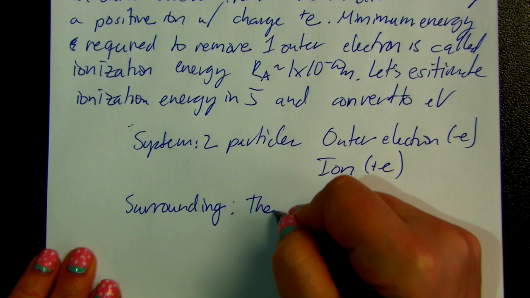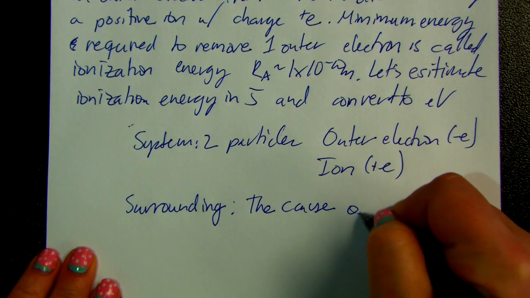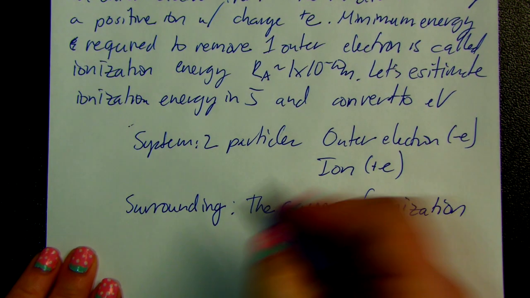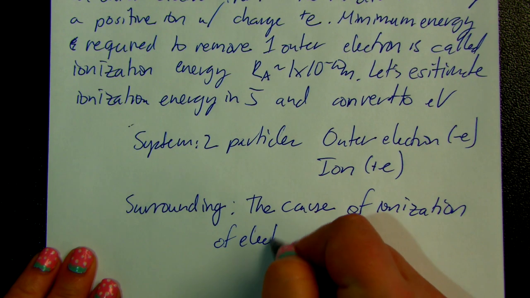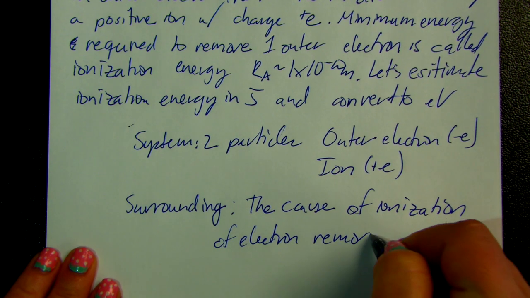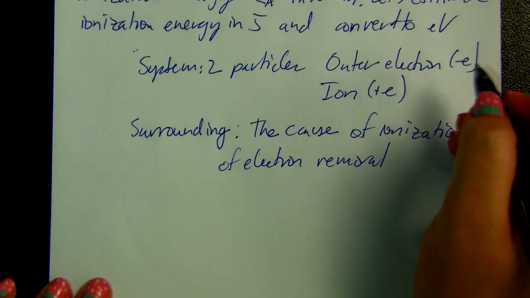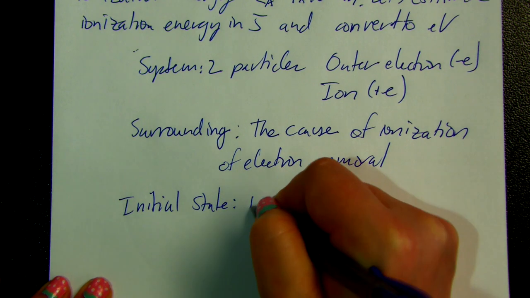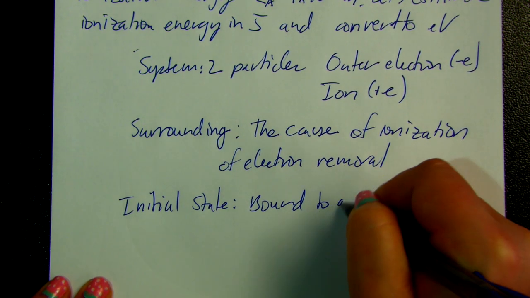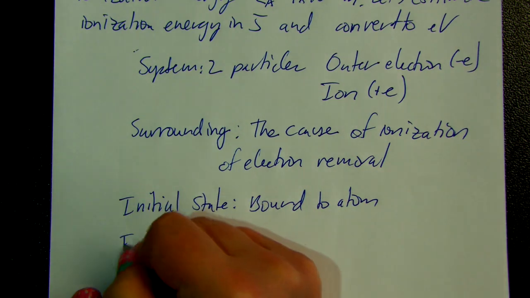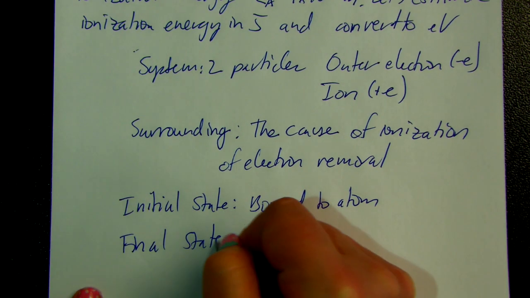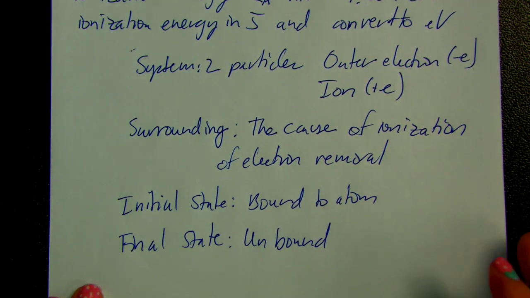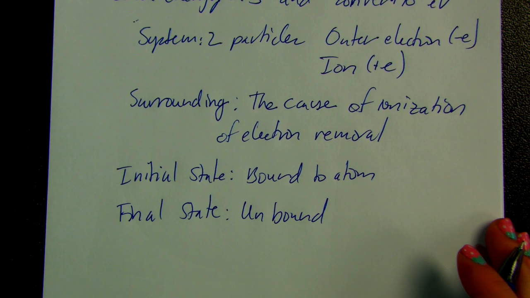Whatever caused the ionization, we don't really need to know what it is, only that it happened. So something did work on it. The initial state, they're bound. And in the final state, they're unbound. So the electron has been freed from the atom.